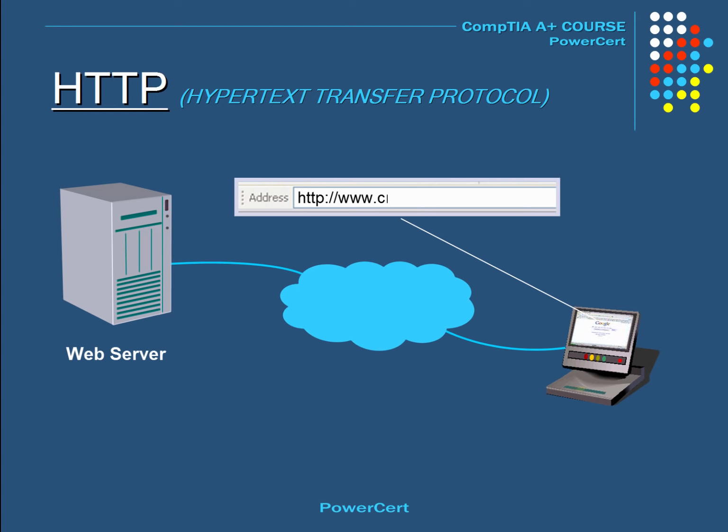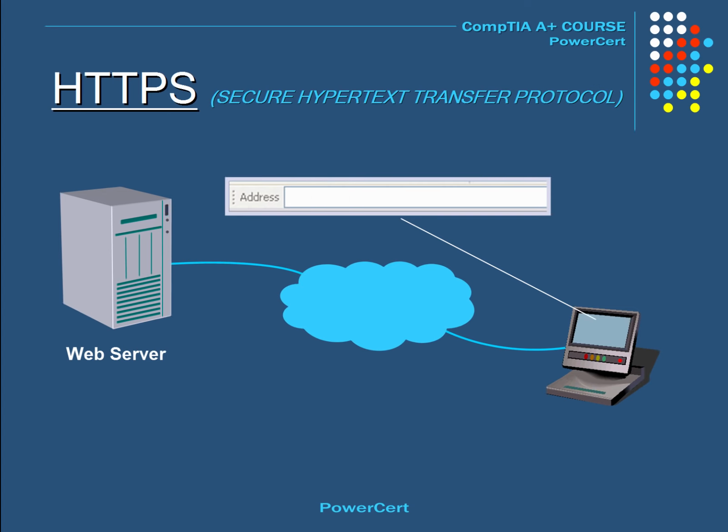And this indicates that you are now using HTTP to retrieve this web page. In standard HTTP, all information is sent in clear text. Now normally this would be okay if you were just browsing regular websites. But if you were at a website where you had to enter sensitive data, such as passwords or credit card information, then this would be a problem as far as security.